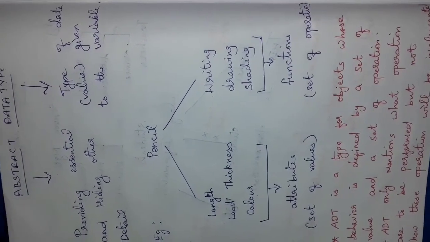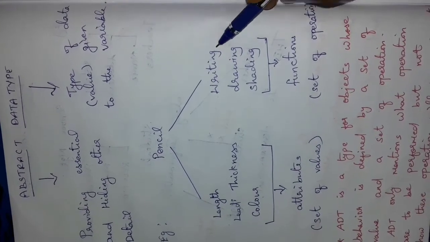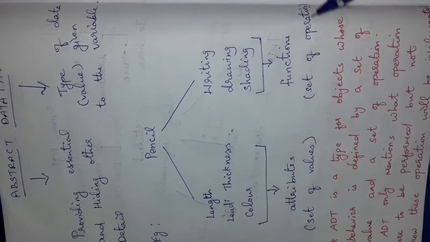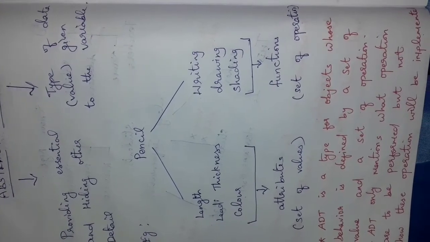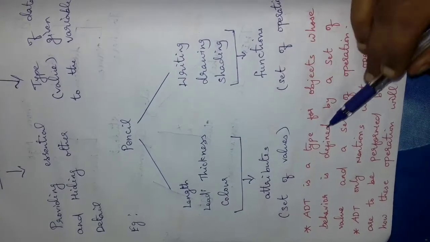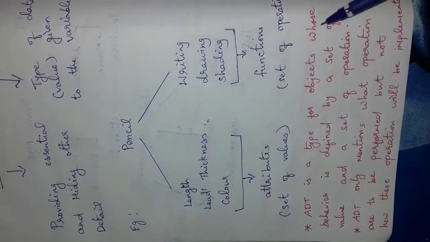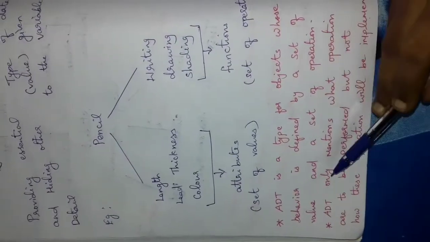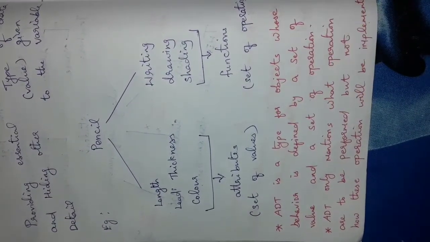What are the functions of a pencil? Writing, drawing and shading. This is the set of operations. So abstract data type is a type for objects whose behavior is defined by a set of values and a set of operations.